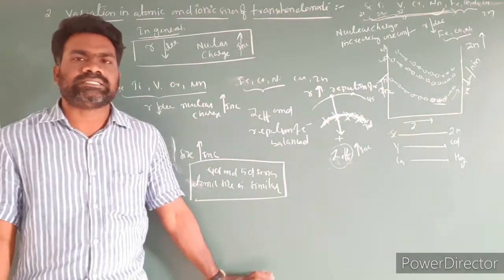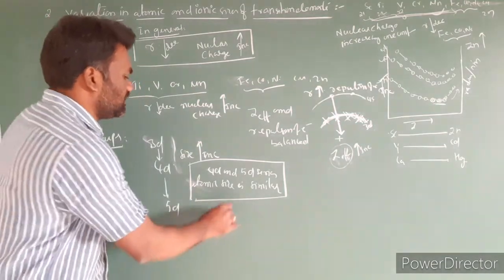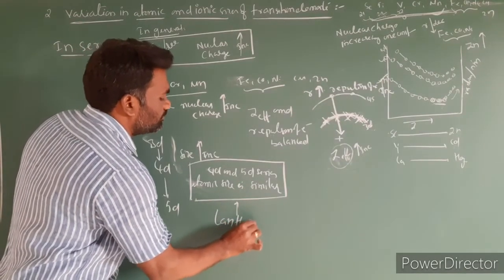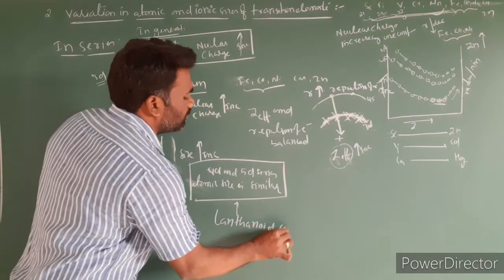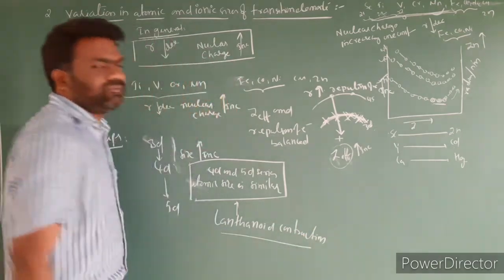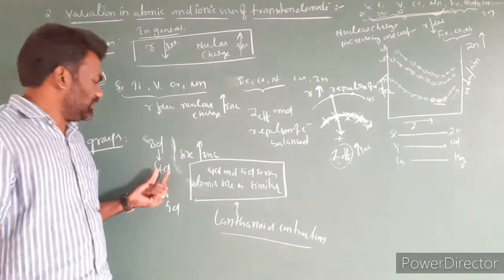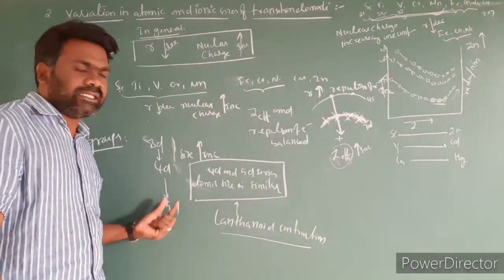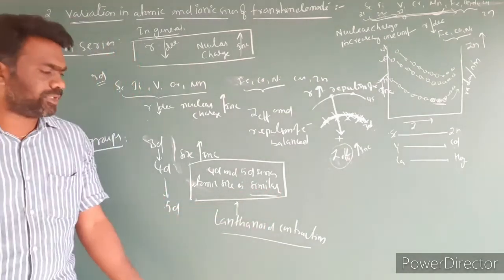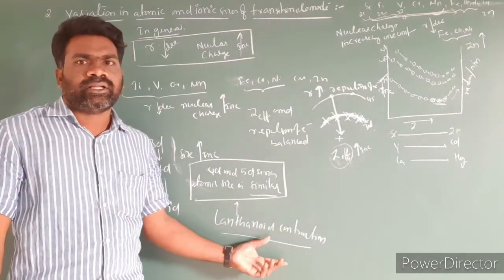What is the reason behind it? The simplest reason for similar size is lanthanoid contraction. Because of lanthanoid contraction, the size from 4d to 5d is almost the same.